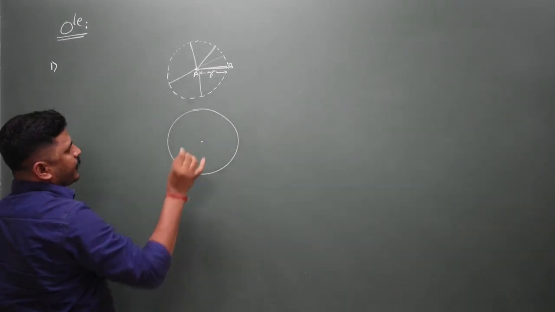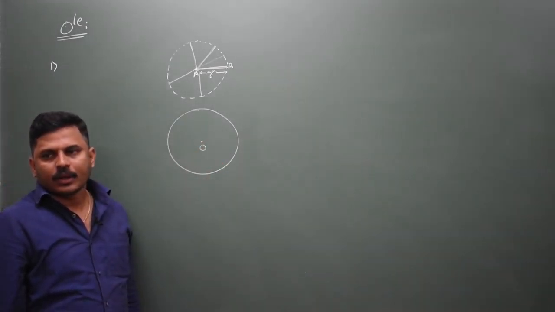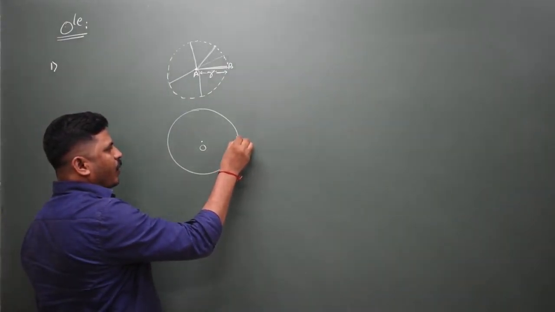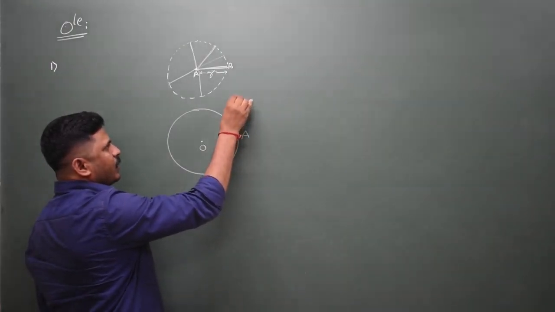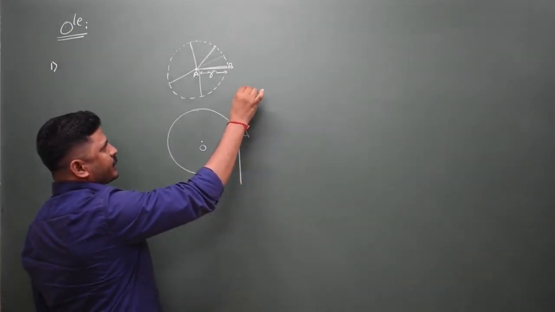If you take a circle here, a circle with center O, the line which touches the circle at only one point is called a tangent.